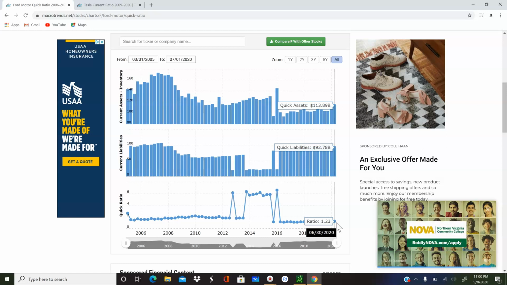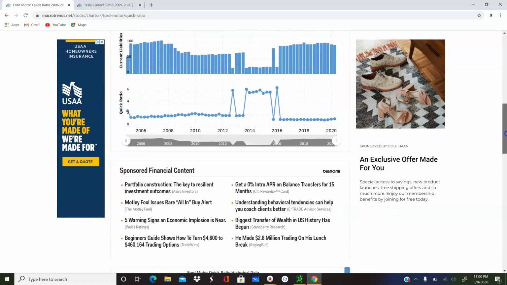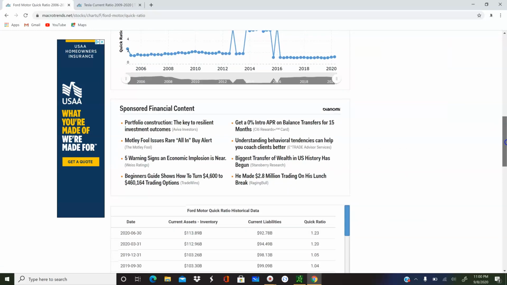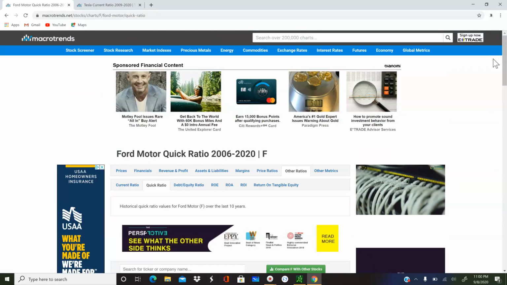That's the type of thing you want to see as an investor when you're evaluating a company, just digging a little bit deeper into solvency and management and things of that nature.